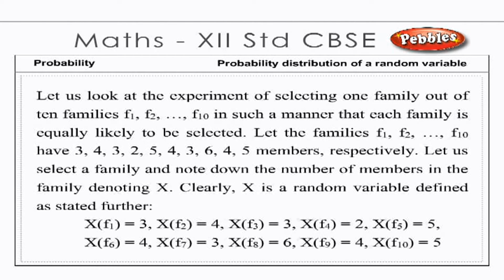Let the families F1, F2 up to F10 have 3, 4, 3, 2, 5, 4, 3, 6, 4 and 5 members respectively. Let us select a family and note down the number of members in the family, denoting it X. Clearly, X is a random variable defined as stated further.